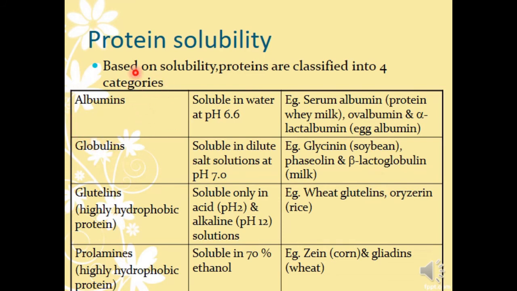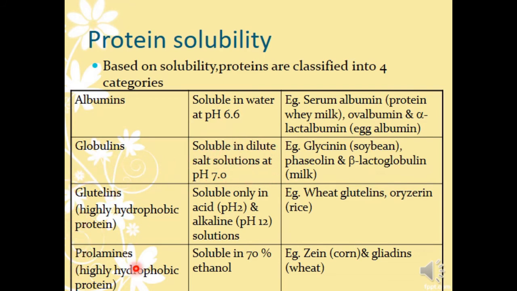Albumin is normally found in whey protein in milk, and is soluble in water at pH 6.6. Globulin, for example, can be found as glycinin in soybean, and also in milk, and is soluble at neutral condition.